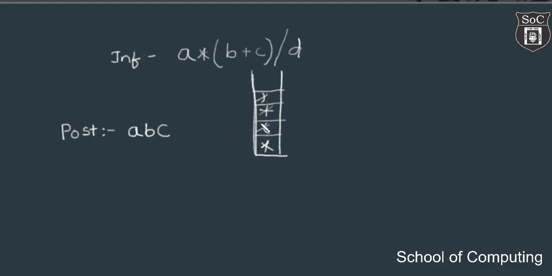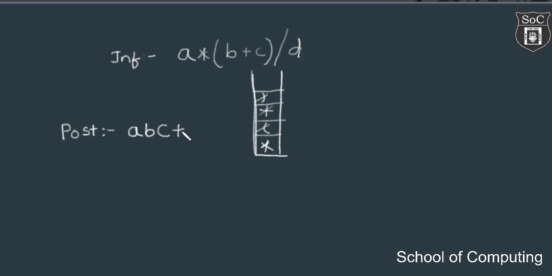In between them there is only one operator, plus. I'll append it to the expression. Now the current status of the stack is that we have only one element, that is star.